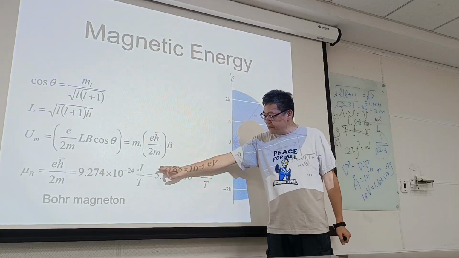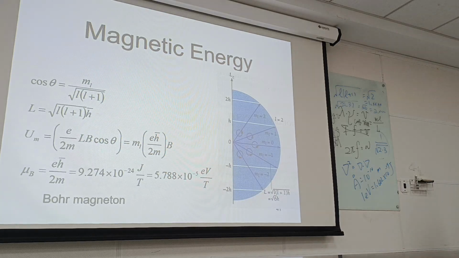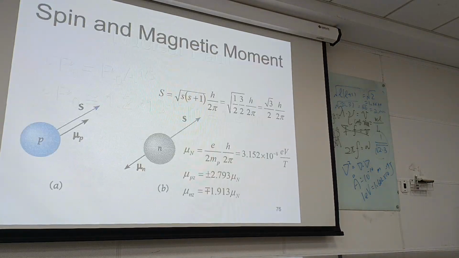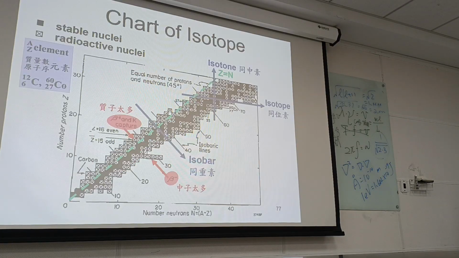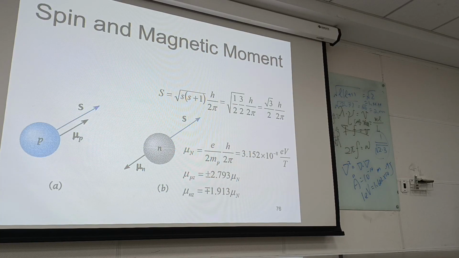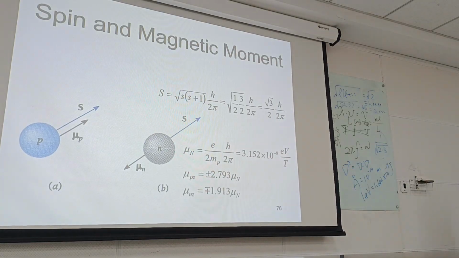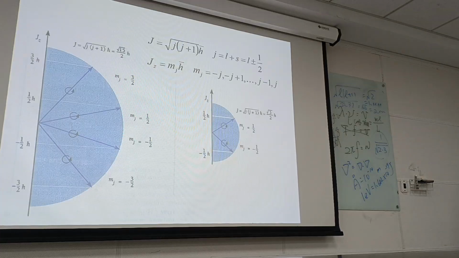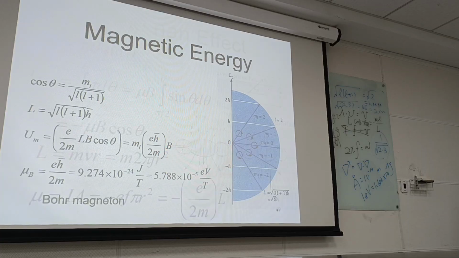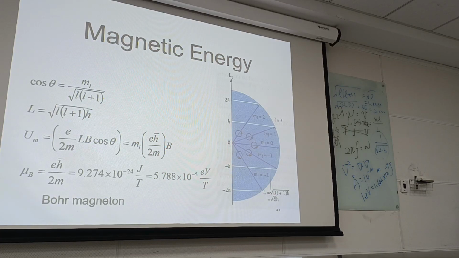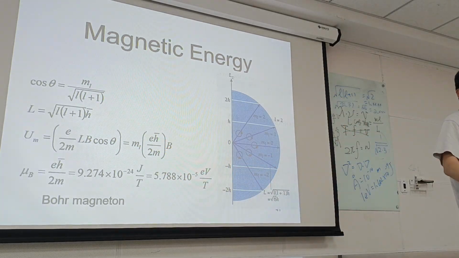So remember, this is for electron, 10 to the minus 5. So in much later, we have proton. For proton, this is minus 8. For electron, this is minus 5. For electron, it's much larger than proton.